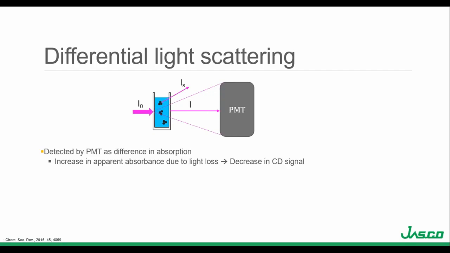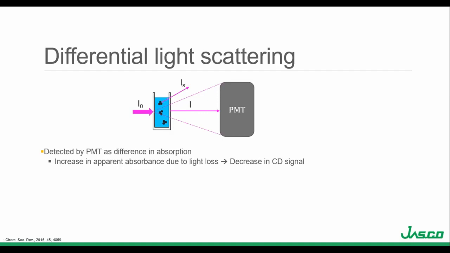Differential light scattering occurs when particulates in the solution are too large relative to the incident light that's scattered. The detector has an acceptance angle that describes the maximum angle of incident light that reaches the detector surface. While some light can be scattered and still fall within that acceptance angle and reach the PMT, any light that falls outside of that range does not reach the detector.